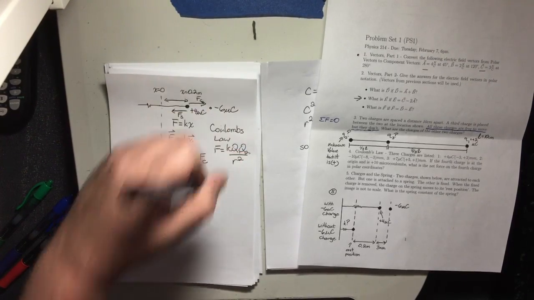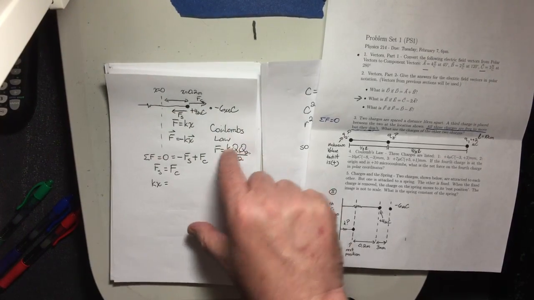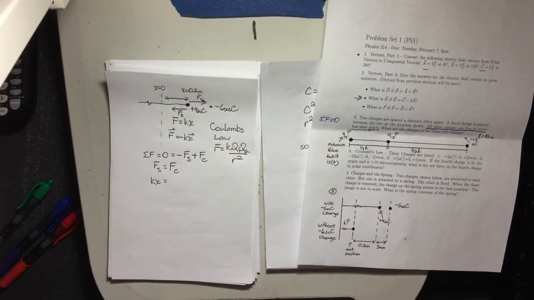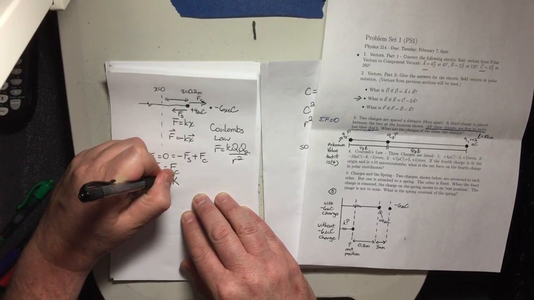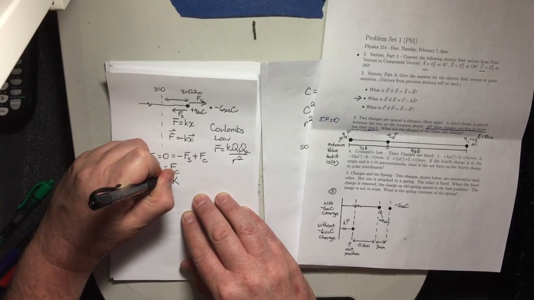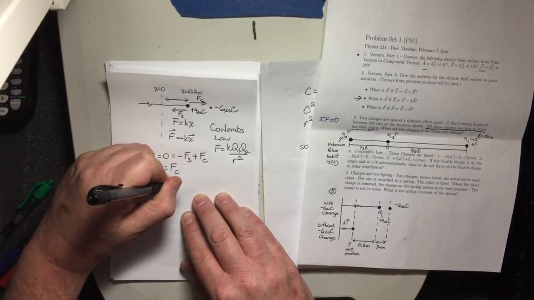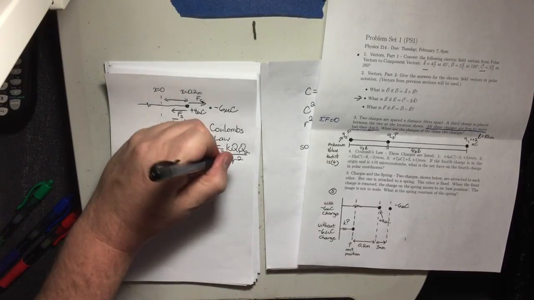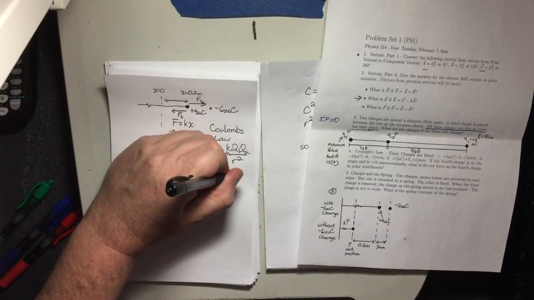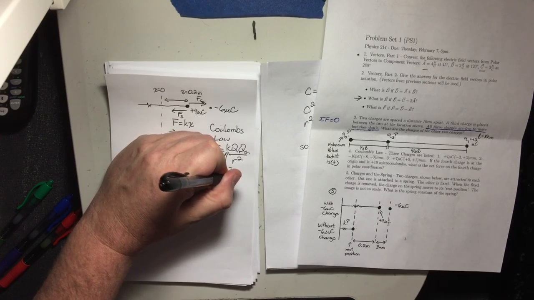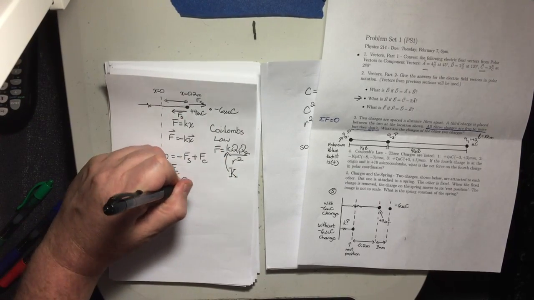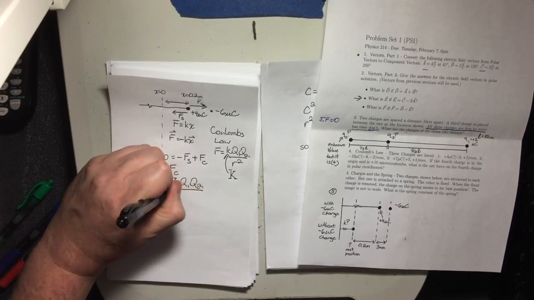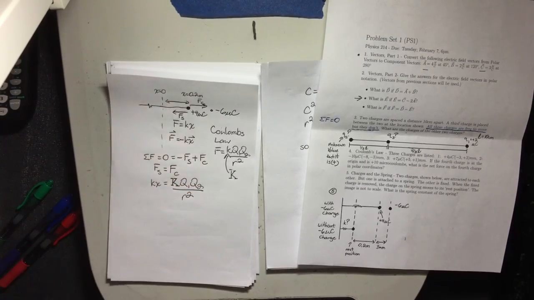We have to be careful because the K here and the K there are not the same. So I'm going to write a capital K with some lines to make it a little different. Q1 Q2 over r squared.